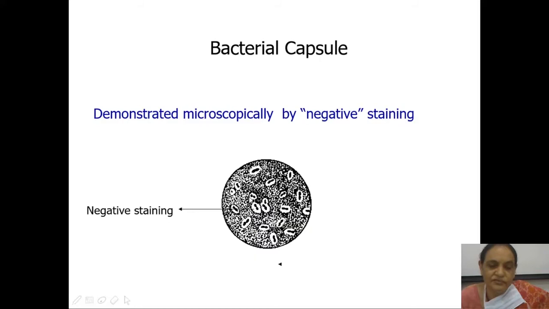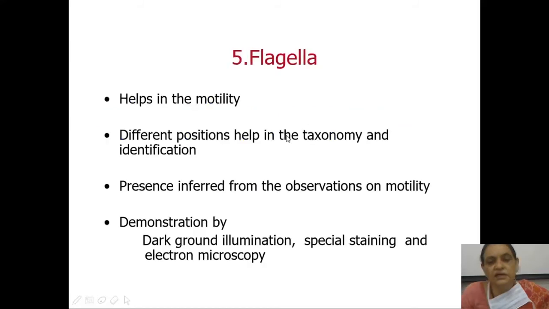The different positions are there, which we use for their taxonomy and identification, and you can infer the presence of a flagella. It's very fine, you cannot see it otherwise on staining. So what we infer in day to day observation is by doing a motility test. Again, that you will do once you come back to the classes. Besides motility, you can actually see the presence of flagella by dark ground illumination, some special staining, and on electron microscopy.